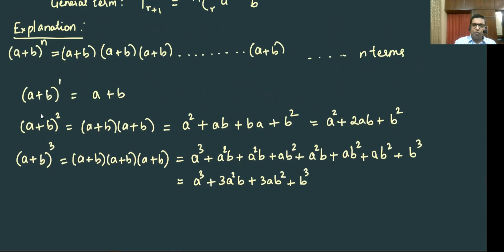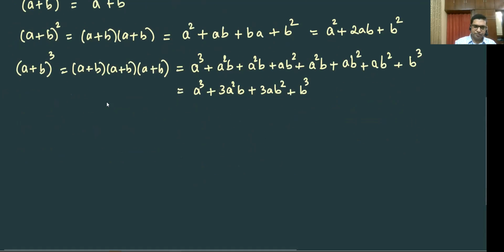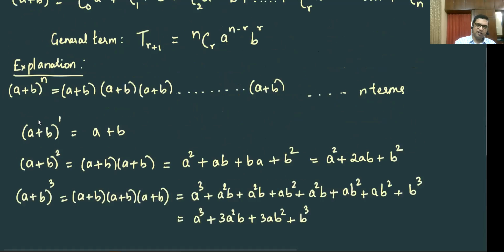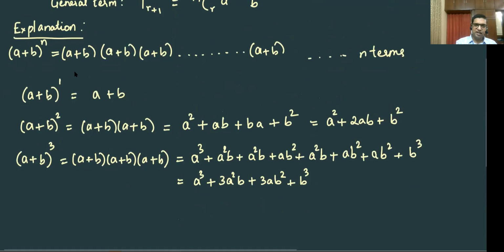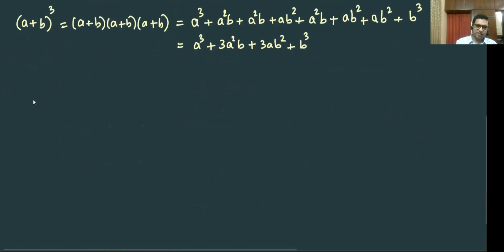So now how to do it for a general term? For a general term, there are n, right? Product of n factors. So the way the logic works is like this.